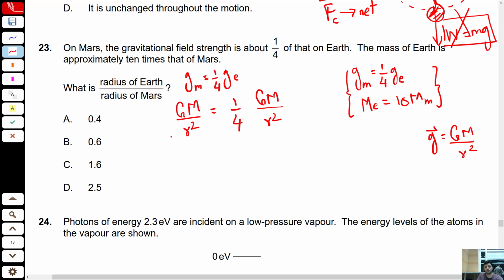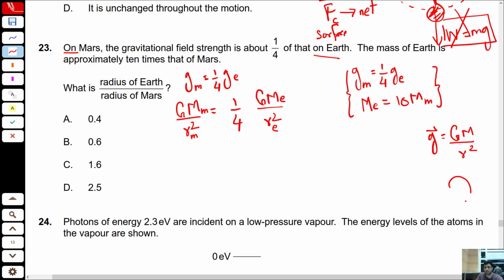Now this side is for Mars, and this side of gravitational field strength is for the Earth. So it has to be mass of the Earth and distance from the center of the Earth, or you can say radius of the Earth, because we are saying on the surface. On Mars and on Earth mean on the surface.